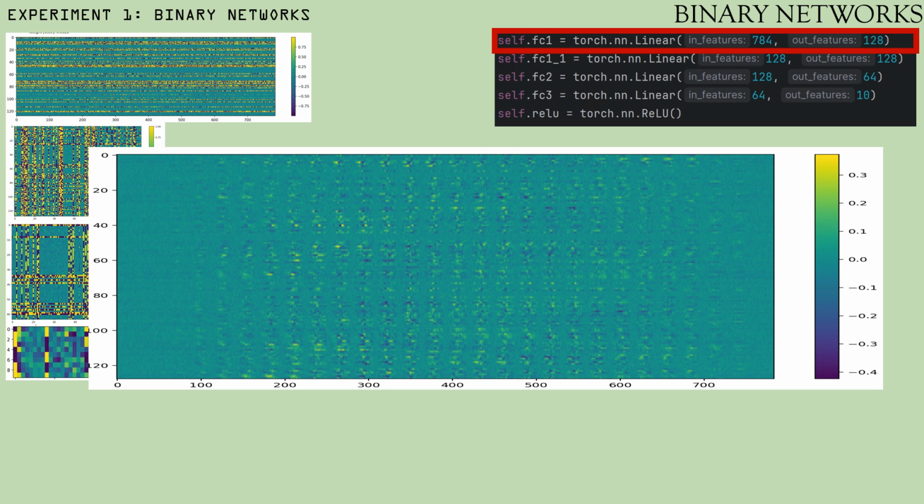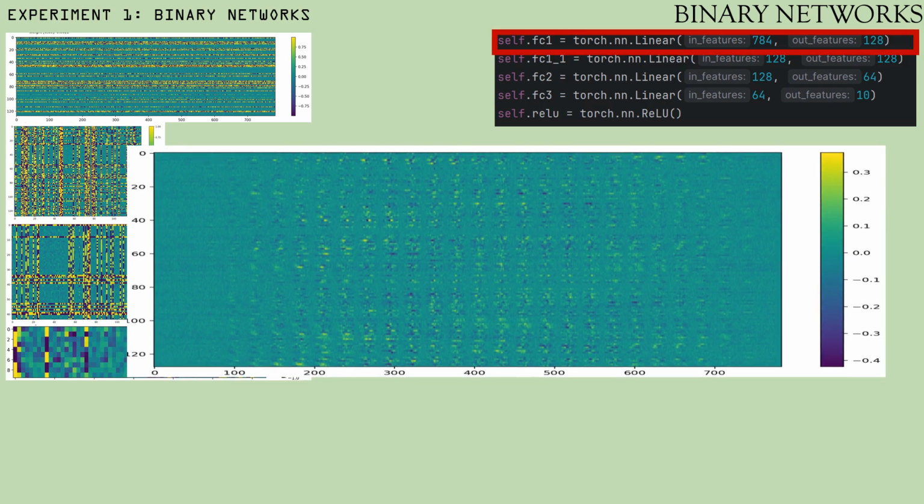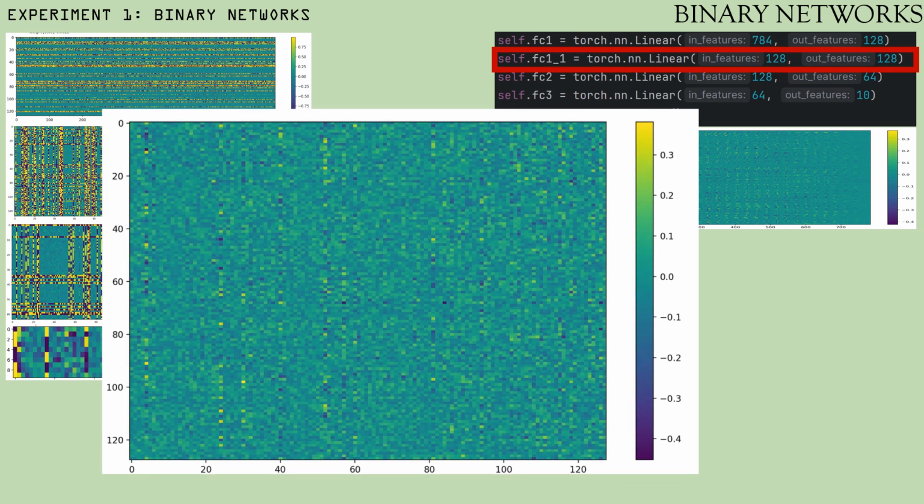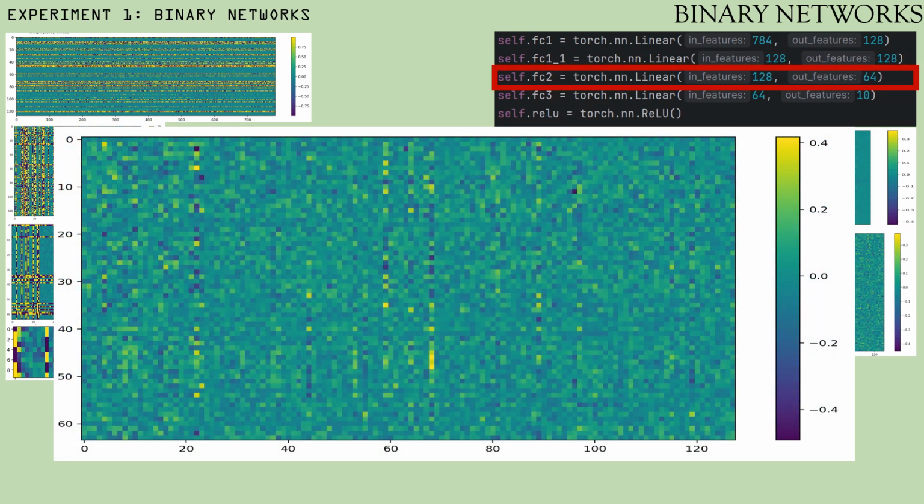This is the input weight matrix of the vanilla MLP. You can see that it's very different. This is the weight matrix of the first layer of the hidden layers in the vanilla MLP. Very different also. The weight matrix of the second layer in the hidden layers of the vanilla MLP. Very different also.